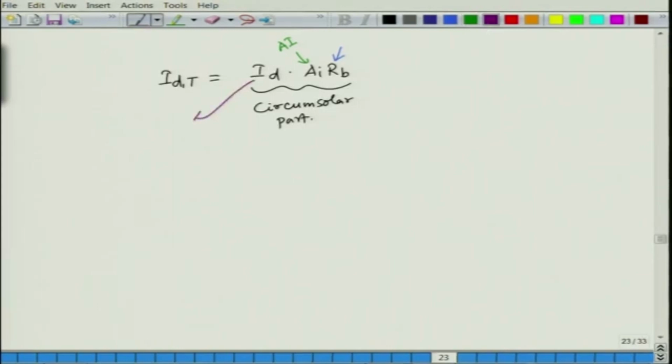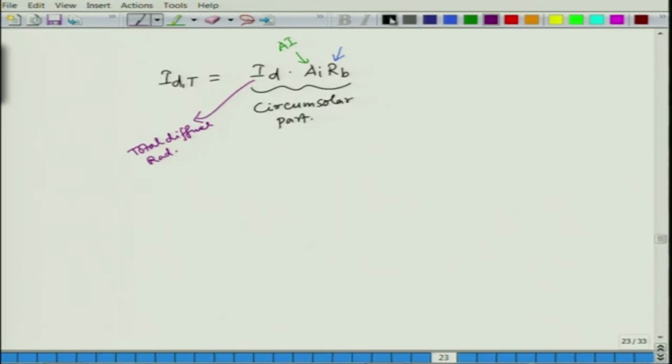So, it tells us the factor which will be circumsolar, which includes the anisotropy index as well as the RB, the beam factor.